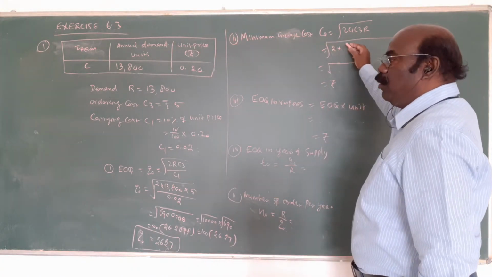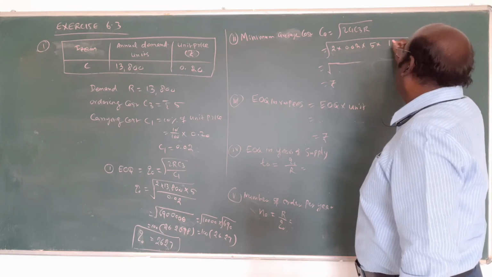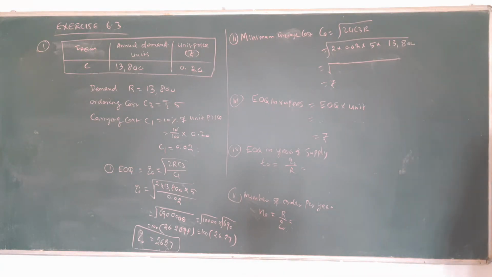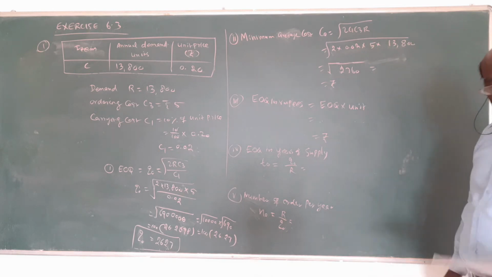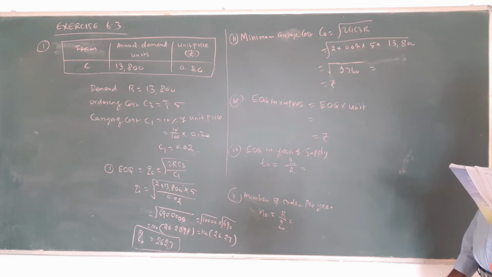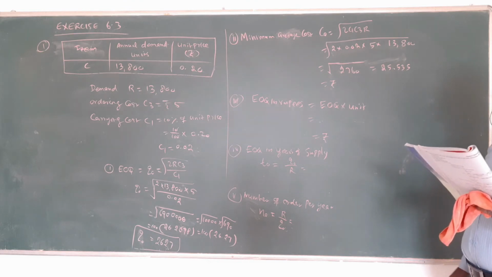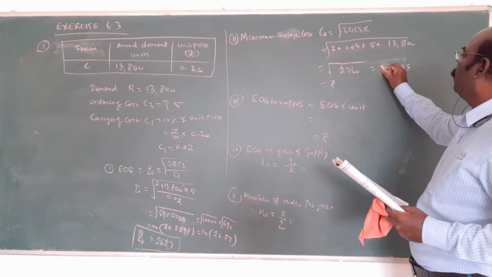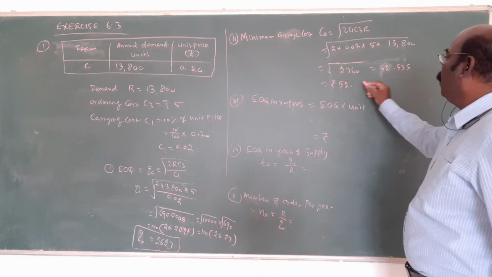2 into C1 is what? 0.02. C3 is what? 5. And R is what? 13,800. Now again multiply all the values. With the help of the calculator, we get the answer 2760. Now square root of this one is what? 52.535, approximately 52 rupees 54 paise.